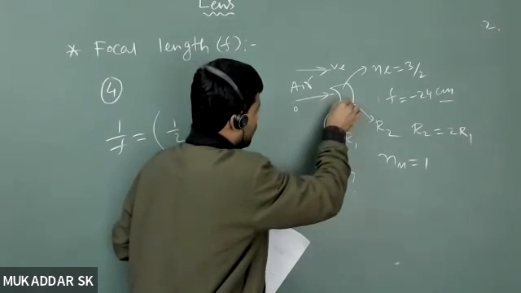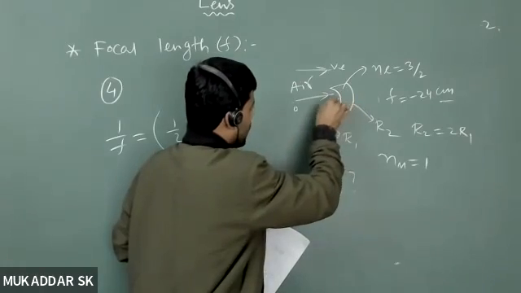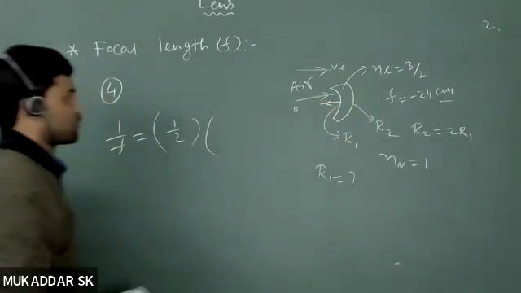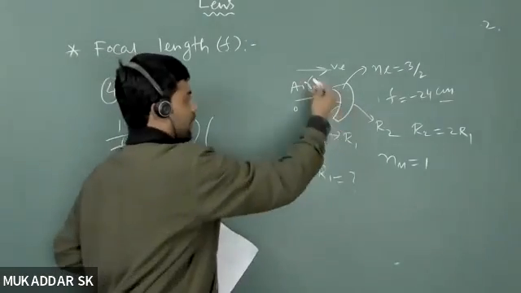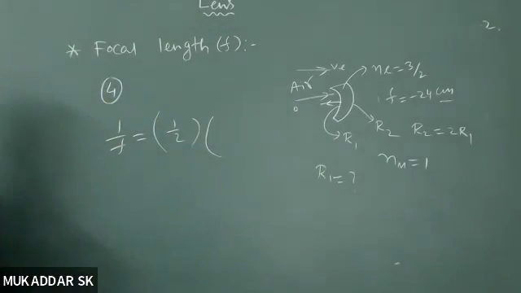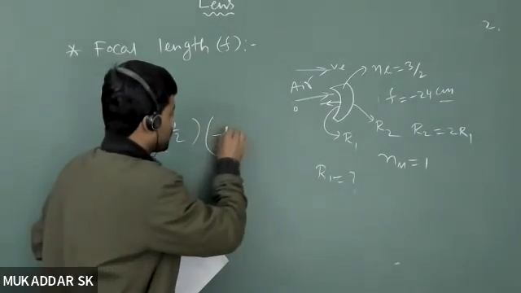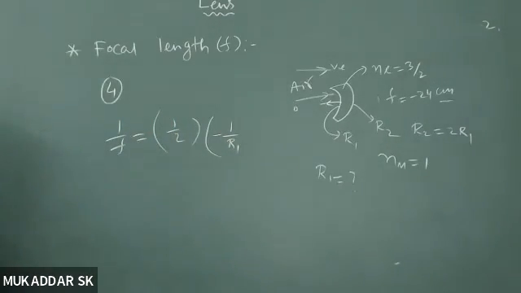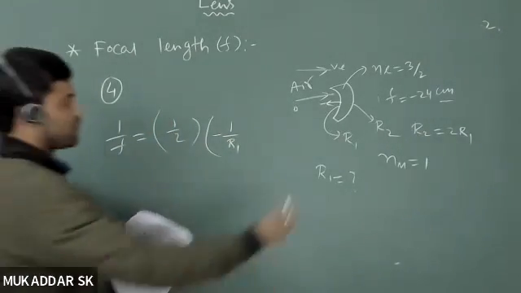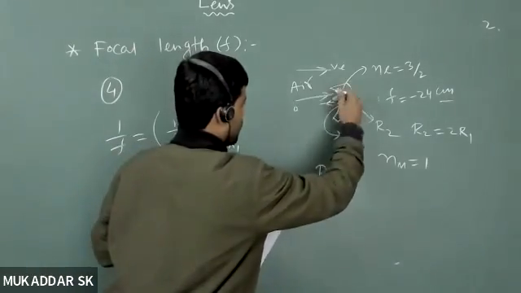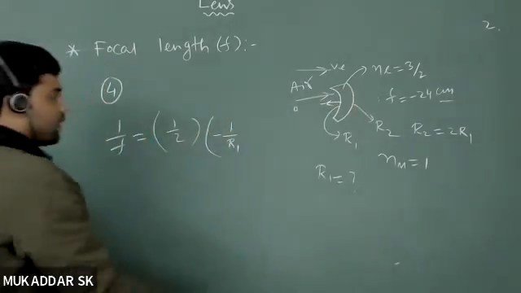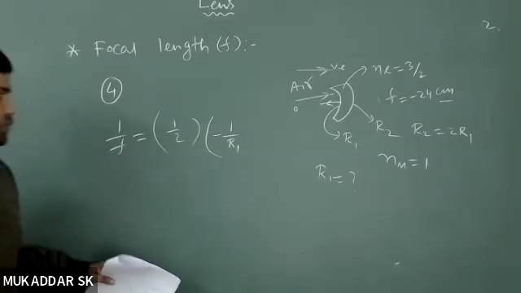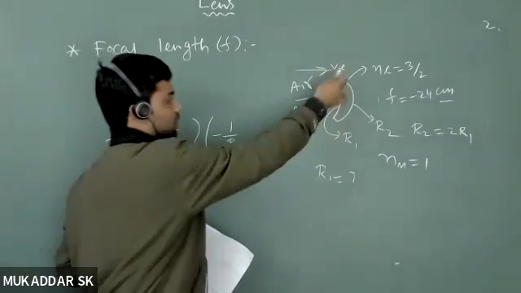For calculating R1, you have to go from here, like this, in this direction. And this direction is actually anti-parallel to the positive direction. So I have to choose -1 by R1, because this direction from pole to center of curvature is anti-parallel to the positive direction. And the same is true for the second surface as well.